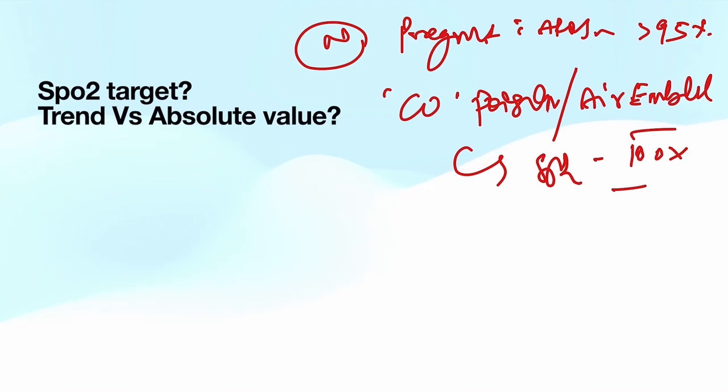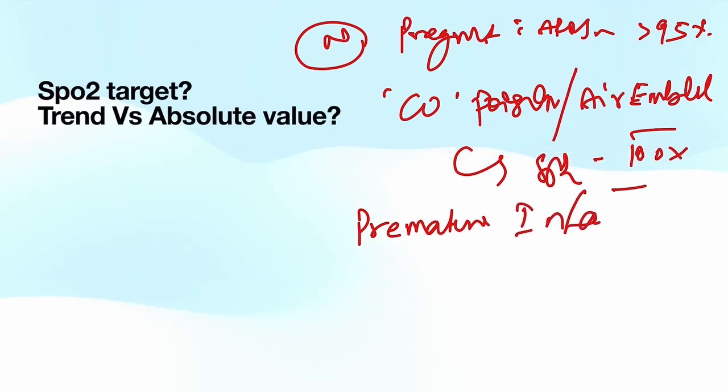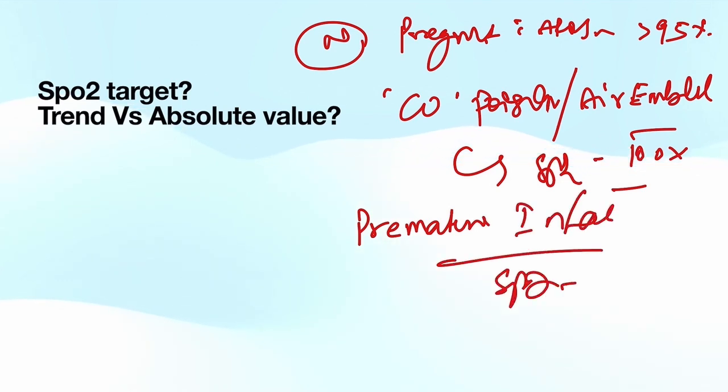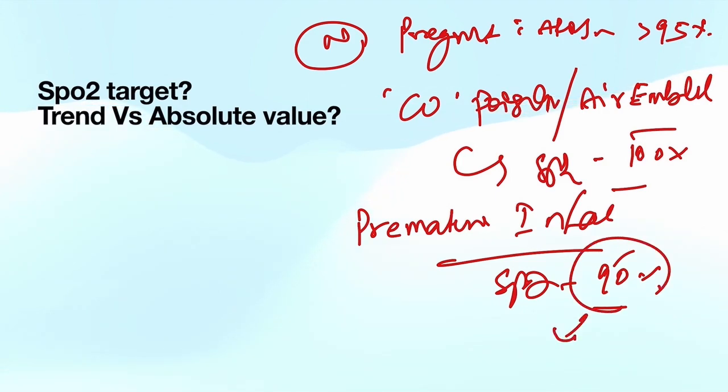So what happens when you have a premature infant? What is the target SpO2? It's around 90, which will be fair enough. Hyperoxia hampers, right? Which equals a PaO2 value of around 60 millimeters of mercury, right?